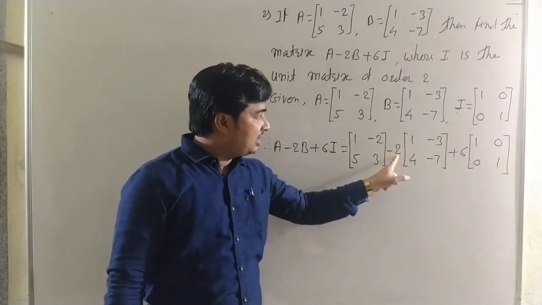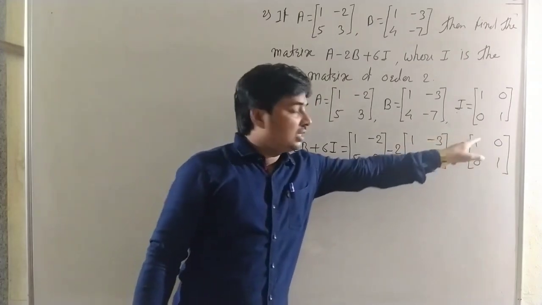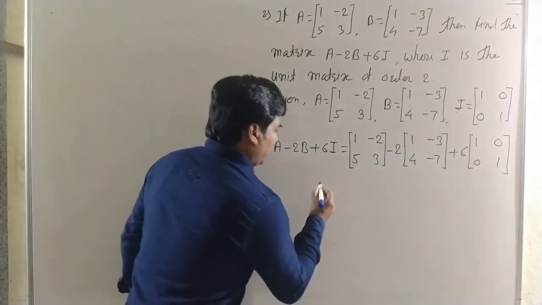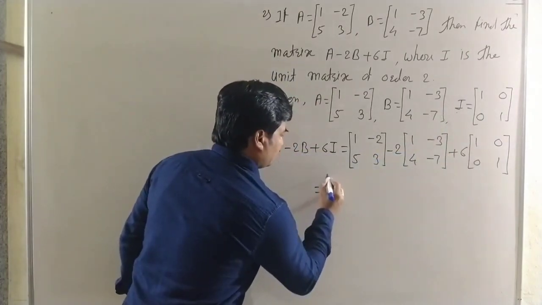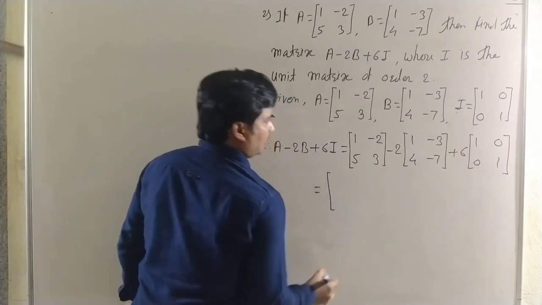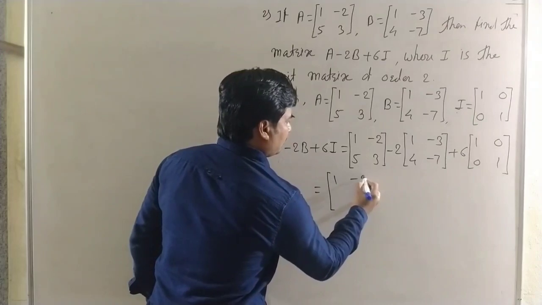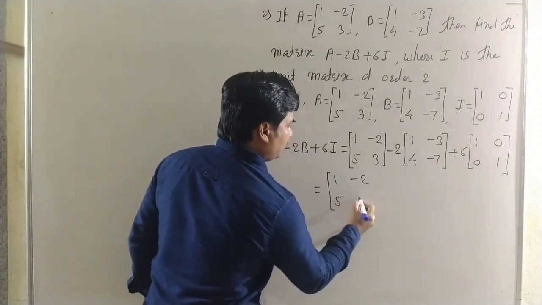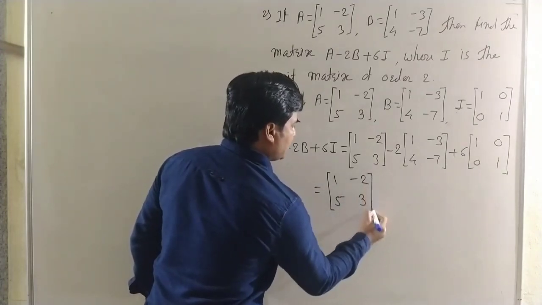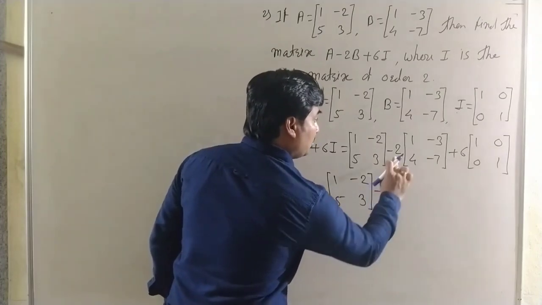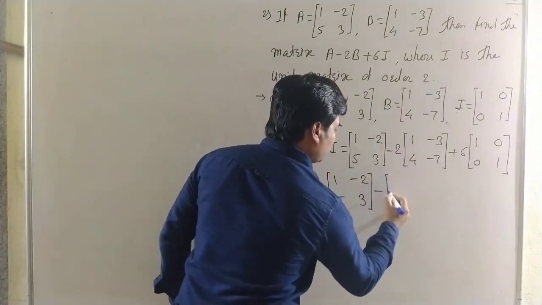First we multiply this scalar by this matrix and this scalar by this matrix. Therefore we get here, see carefully, 1 minus 2 5 3 as it is, minus as it is, we multiply only the 2 for this matrix.